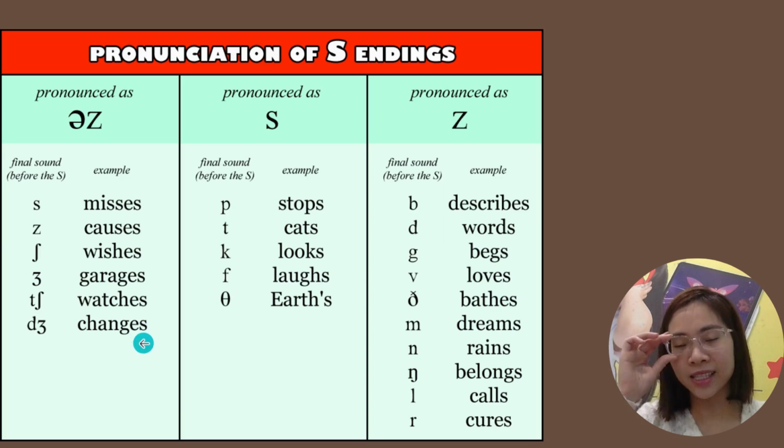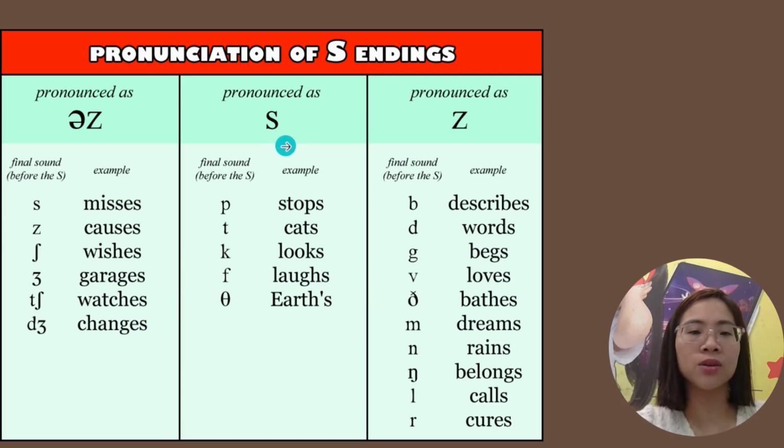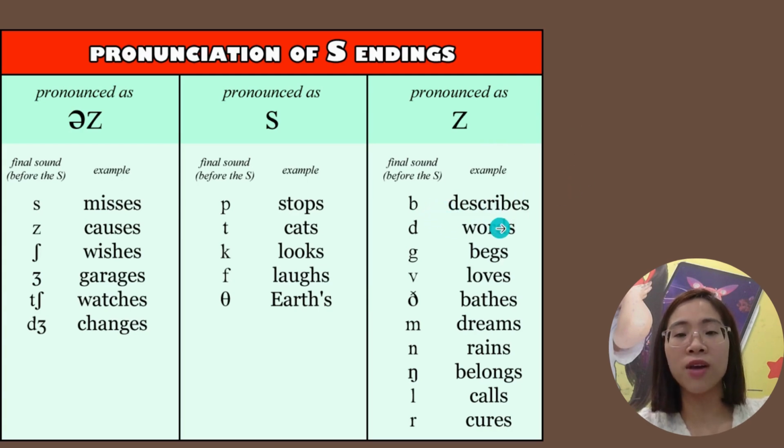Okay, and next, the s sound, like stops, cats, looks, loves, earths. And pronounced like z sound, we have voiced sounds and vowels, right?